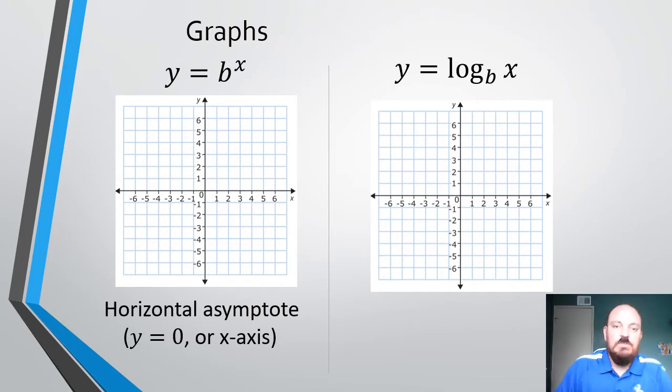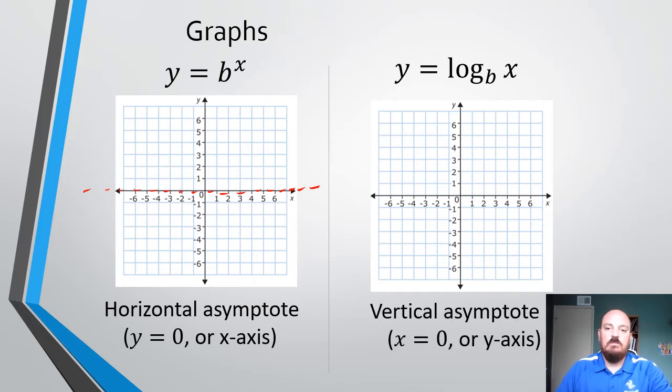So one thing we know from 7.1 is that every exponential graph has a horizontal asymptote at y equals 0, or what we call the x-axis. That means every log graph has a vertical asymptote at x equals 0, or basically the y-axis. So see how switching x and y turned a horizontal asymptote into a vertical asymptote.